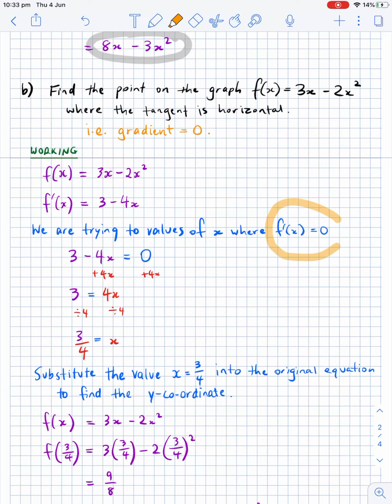We want our gradient to be 0. We want f dash of x to be 0. So we're going to change this to a 0, because we want our gradient to be 0. That means 3 minus 4x equals 0 is the equation we've got to solve. And we get that x is equal to 3/4. That means that when x is 3/4, we're going to have a gradient of 0.